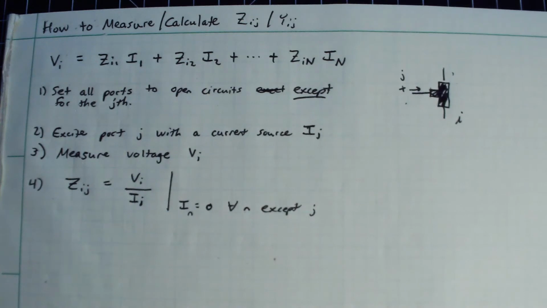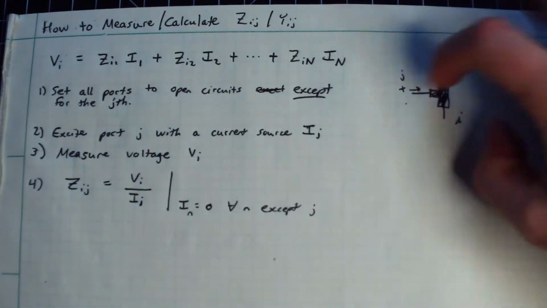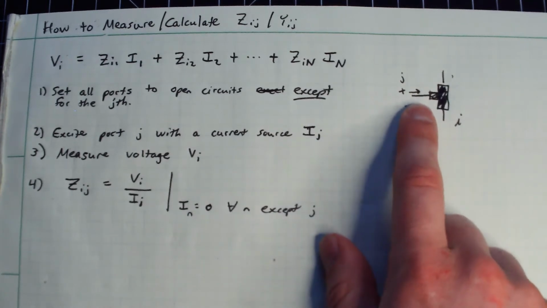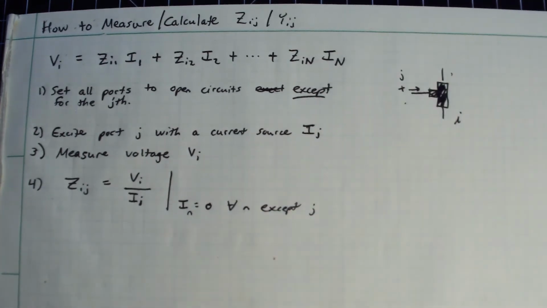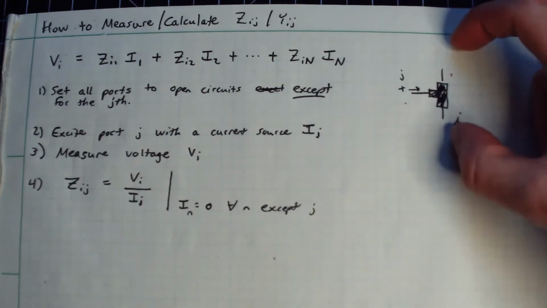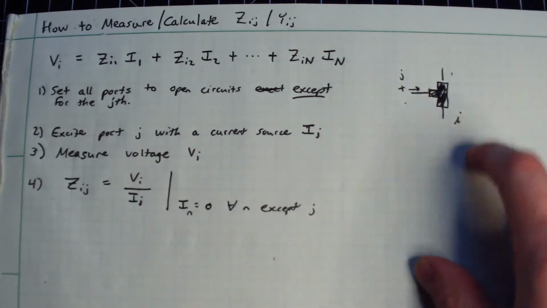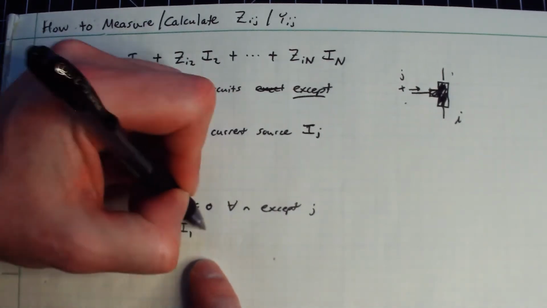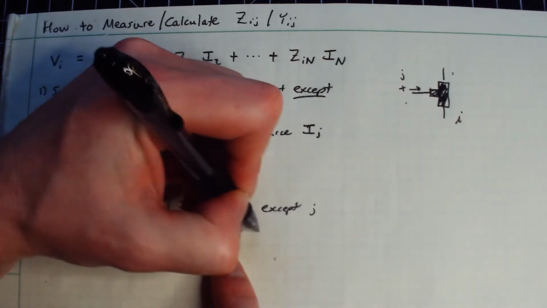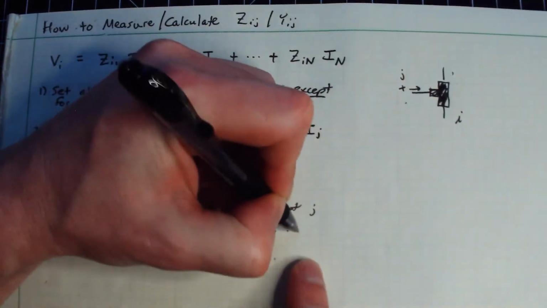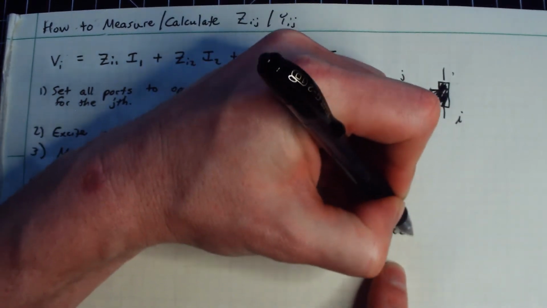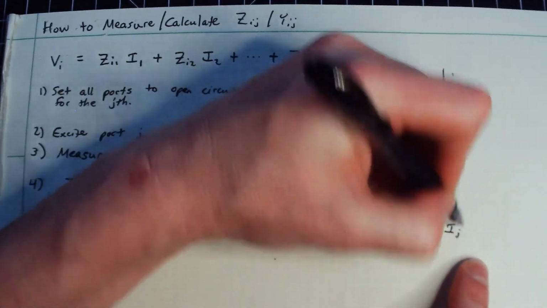So what I'm saying is you set all of your ports to open circuits except for one, which I'm going to excite with some current, and then I'm going to measure the voltage. By setting all the others to open circuits, I am not allowing any current to flow through them except for the one that I have excited. That's how the book describes it here. So you would say where I1 equals I2 equals I3 equals ... equals I sub N equals 0, except I sub j, the one I've excited.